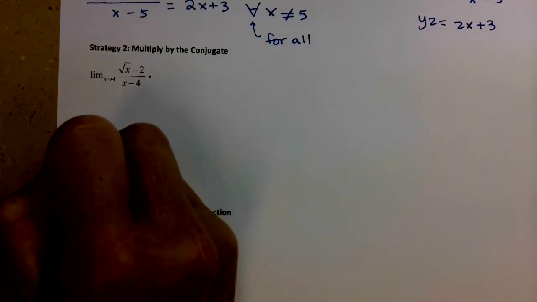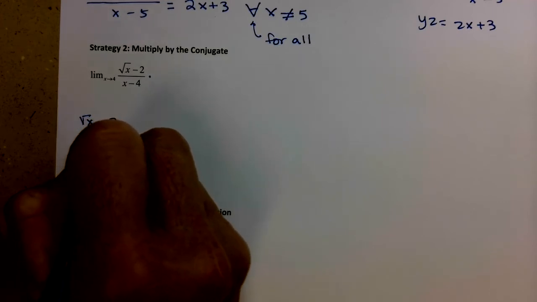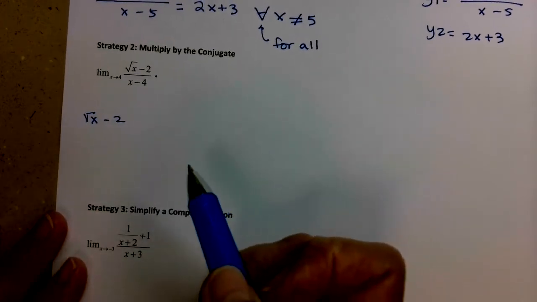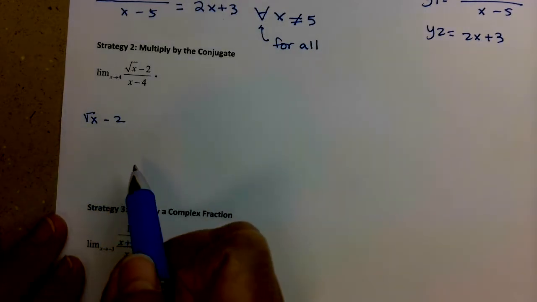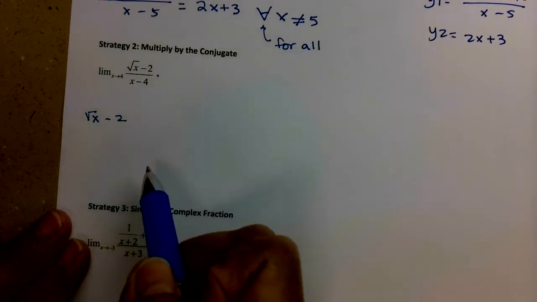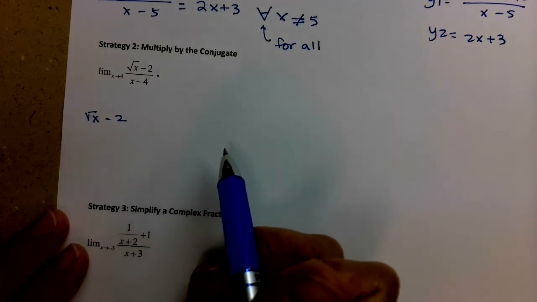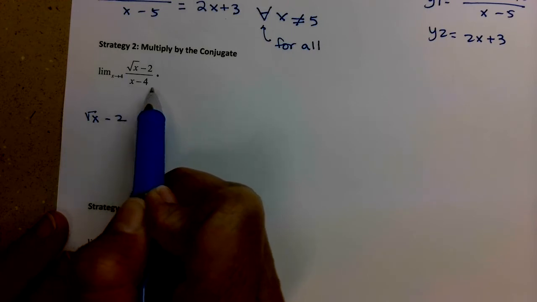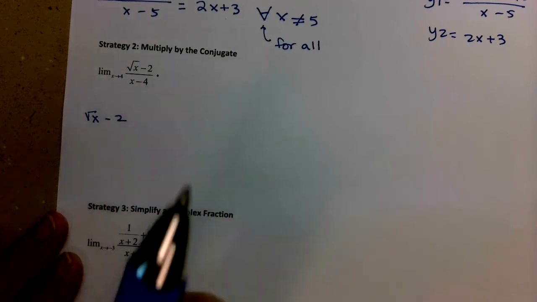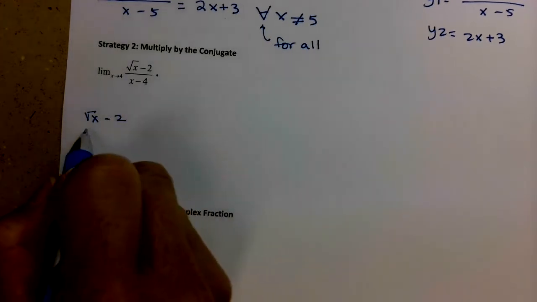I'm going to come up with an equivalent expression. Oh, and by the way, I'm sorry, I should have checked. Why don't you just plug it in? You should always check to see if you can just evaluate with substitution. I was getting ahead of myself because I wrote the problem, so I knew what I was going to get. But if we try x equals 4, I'm going to get division by 0 down here on the bottom. So I knew it, I was anticipating. Sorry.